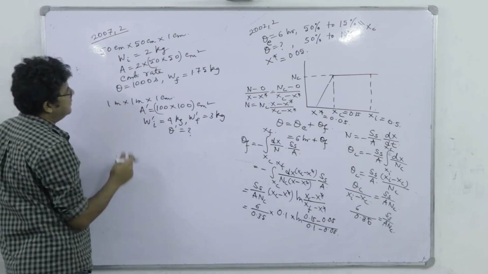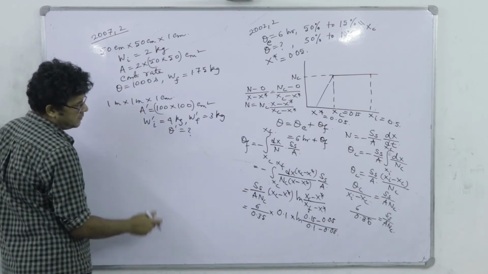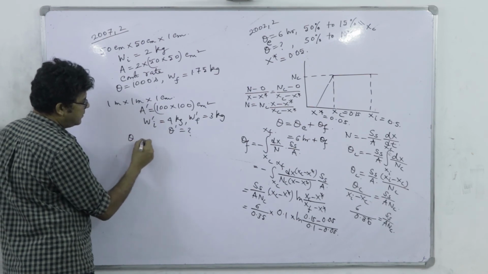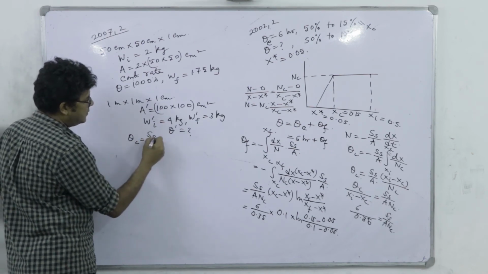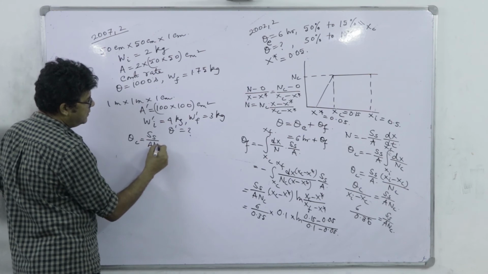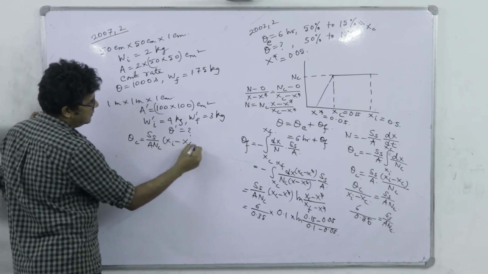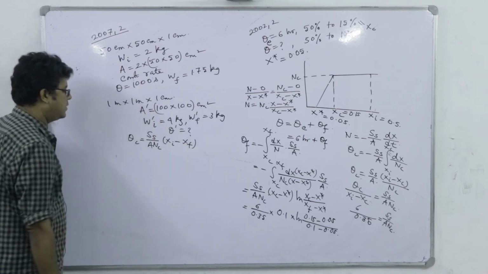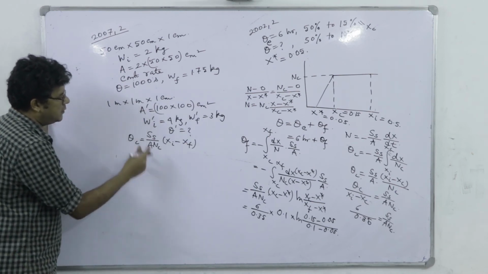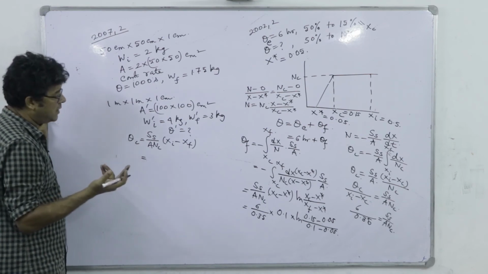So let's apply the same equation, which is theta c is equal to SS by A NC into Xi minus Xf. Right. So you see, SS is what? Weight of the dry solid.